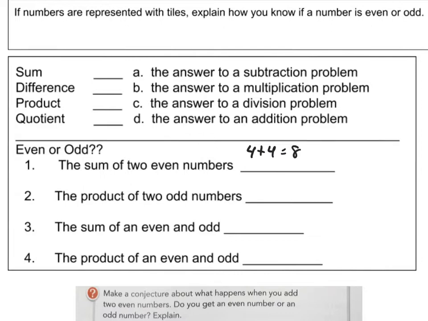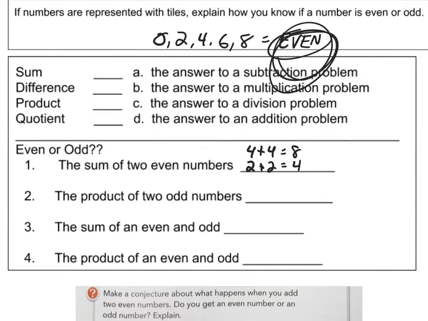Well, remember, any number that ends in a 0, 2, 4, 6, or 8 is even. It's not missing a chunk. So an even plus an even will give us a sum of 8. Let's do another even so that it's an even sum. Let's do 2 plus 2 equals 4. It's even. So let's make a statement. Whenever you add 2 evens, your sum will always be an even.